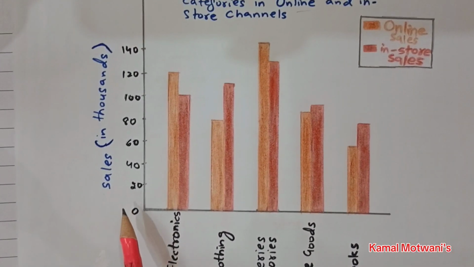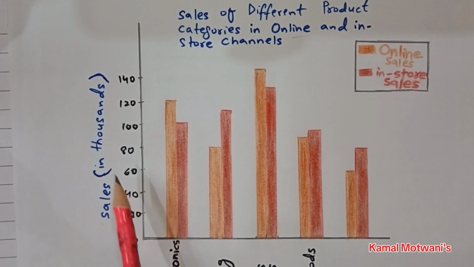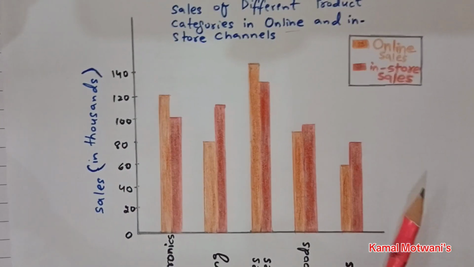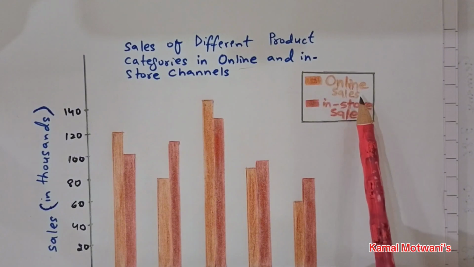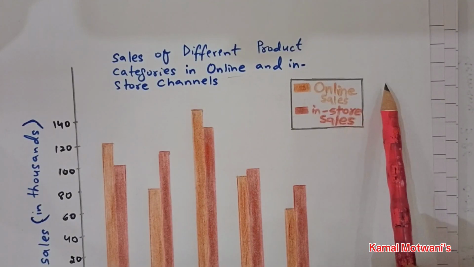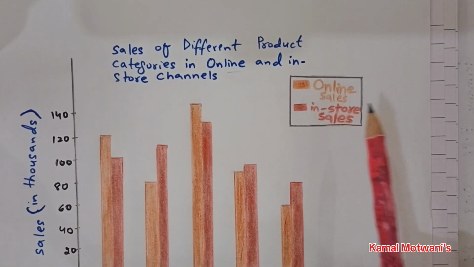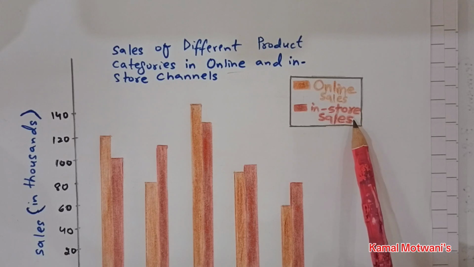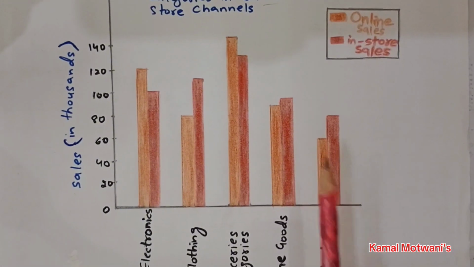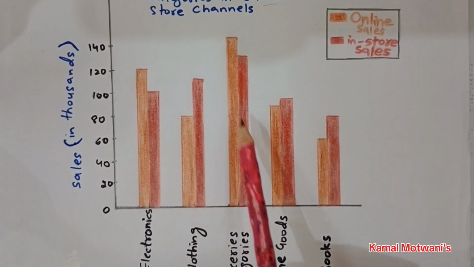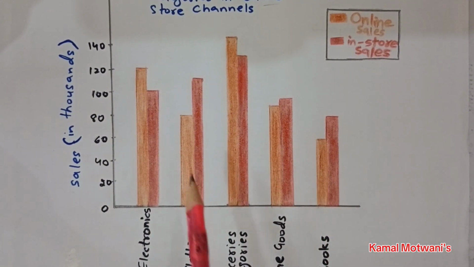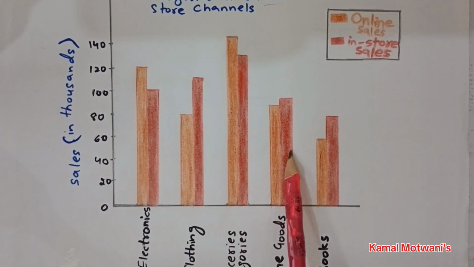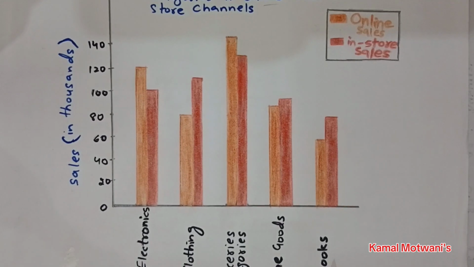On the y-axis we have the sales, and sales is in thousands. The orange bars show online sales and the red bars show in-store sales.